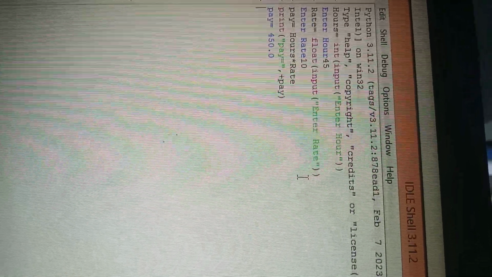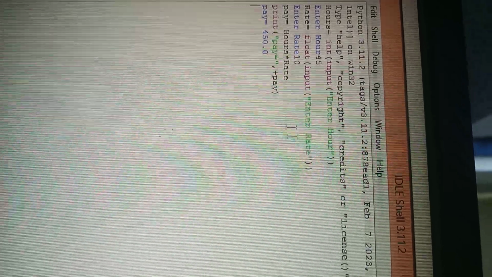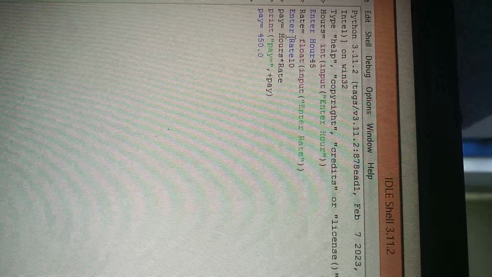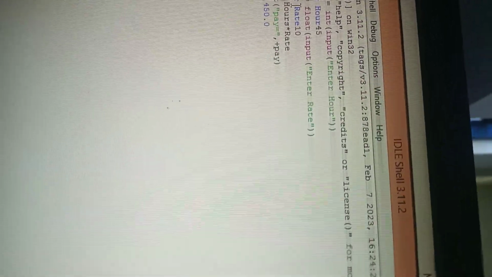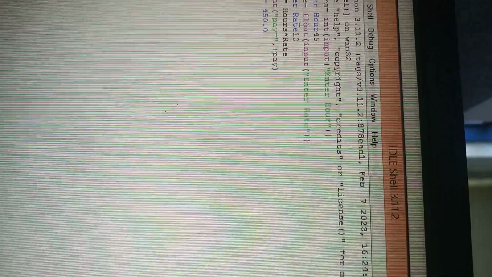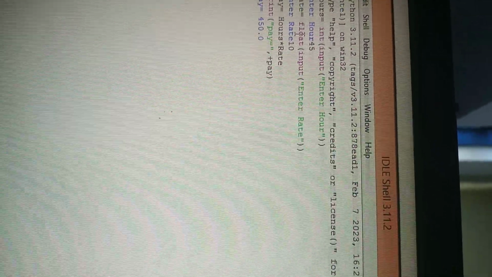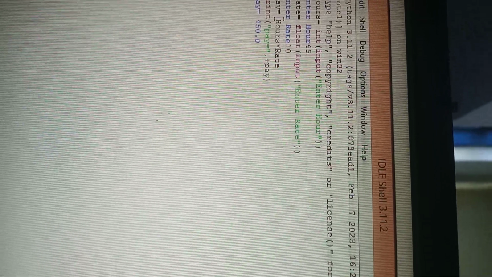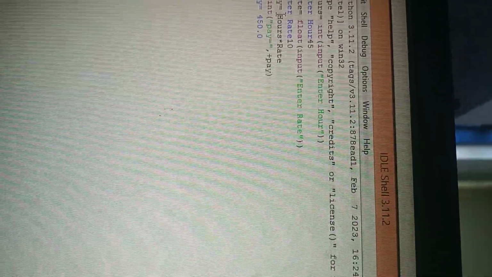Then you enter in the rate, and then I close the brackets. Then the rate was 10, and here I would bring in the formula, because you expect some decimal places. That's why I used float here.